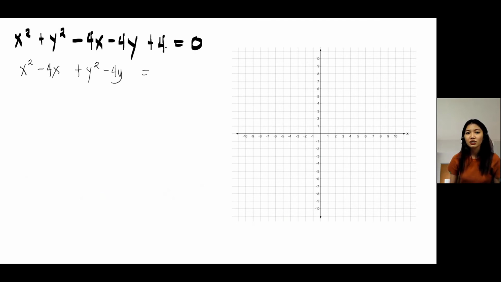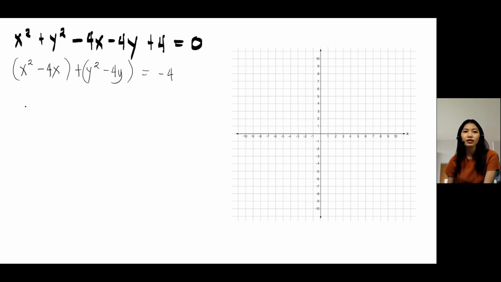Okay? So from positive 4, once nililipat natin sa kabilang side, that will be negative 4. Next, again, group this x squared minus 4x and y squared minus 4y. Ang kailangan natin ay trinomial, pero ito ay binomial pa lang po.